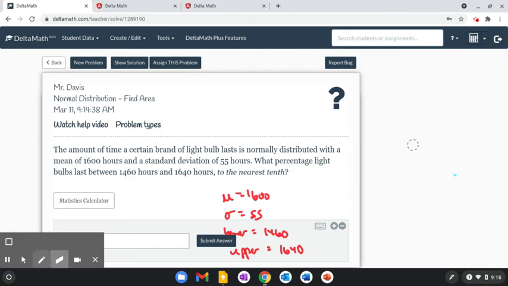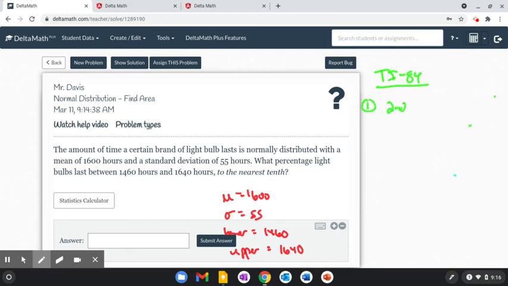All right, so this will be our TI-84 directions. First thing you're going to do is turn your calculator on, then hit second and then vars, which is distribution. So second vars, that's your distribution one, DISTR. You'll see the second thing there is normal CDF.